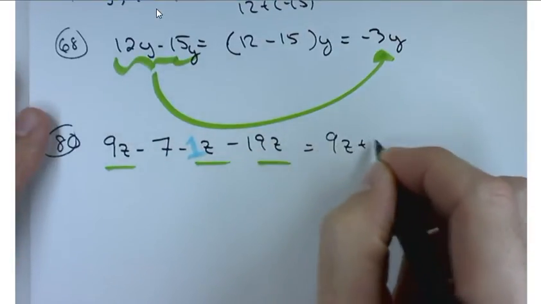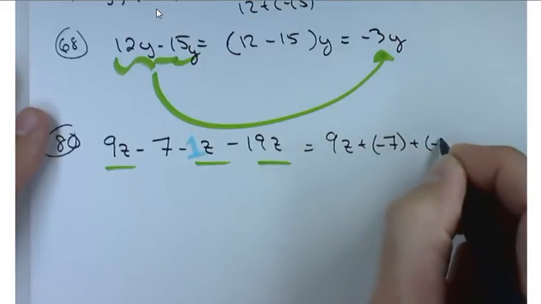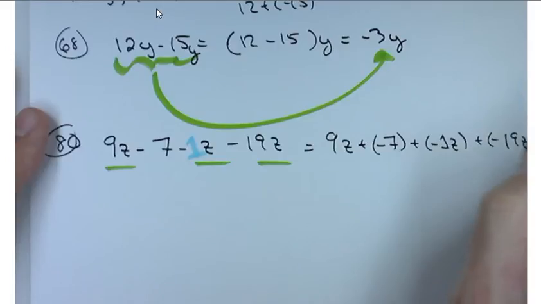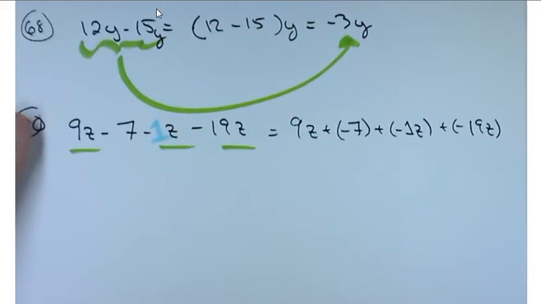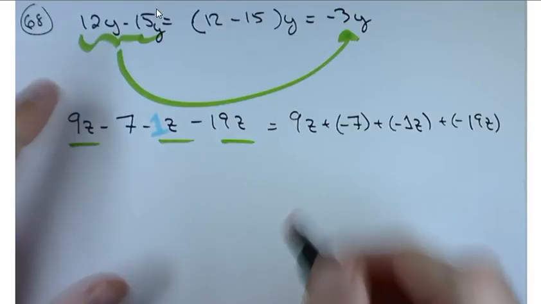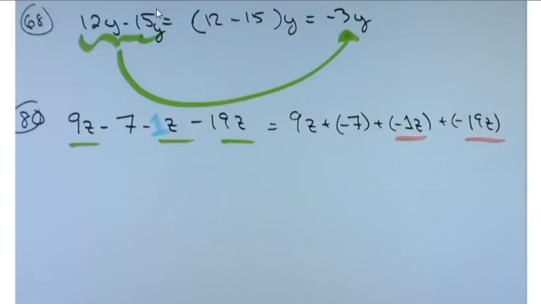9z plus negative 7 plus negative 1z plus negative 19z. I'm not sure if that makes it easier for you guys or not. But in rewriting it using addition, I can add these in any order that I want. So I do appreciate that convenience. I'm going to start with those two. Why do you think I'm starting with those two?